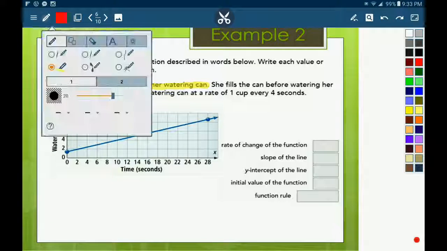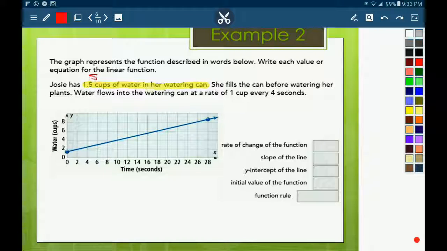Okay, so I'm just going to label up here, starts with 1.5 cups. What that should tell us is a little something about y-intercept.